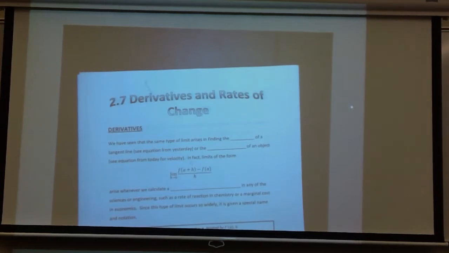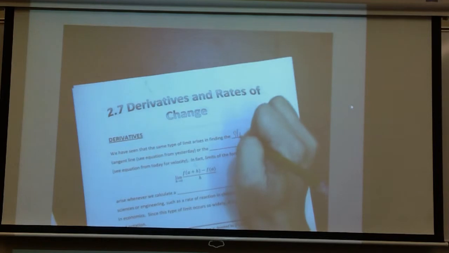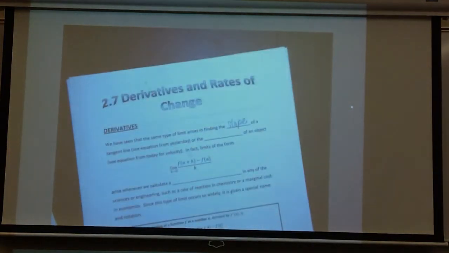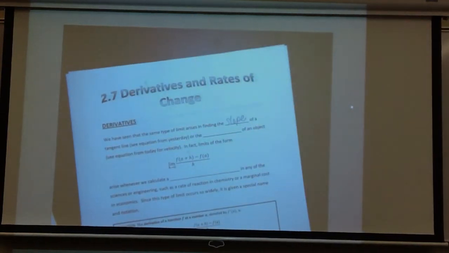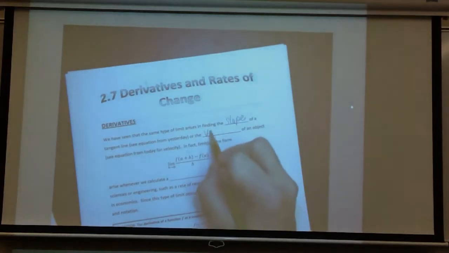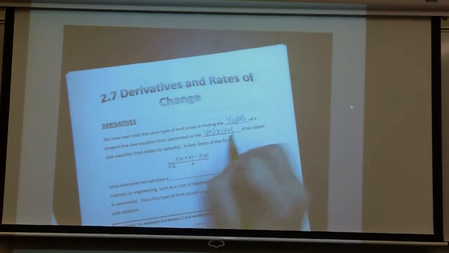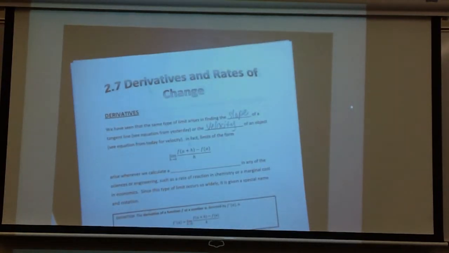So we've seen the same type of limit arise in finding the slope of a tangent line and the velocity of an object. We're going to think of those words the same, slope and velocity.